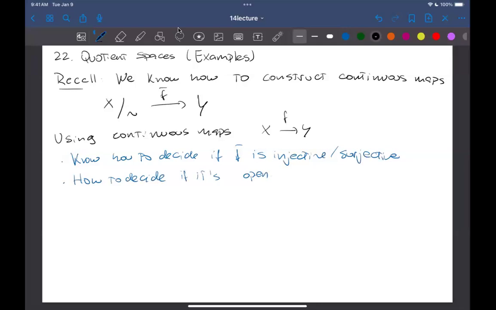Now, more stuff that I also want to use today that we didn't really mention explicitly before is also not new.